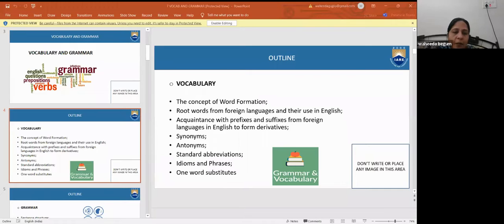Then a person's vocabulary will depend on all these things. If he or she is a good listener, then the speaking ability will also be good. If he or she is a good reader, their writing capacity will also be good. So the prerequisite of all, the most important skills of communication, is that you need to be a good listener.